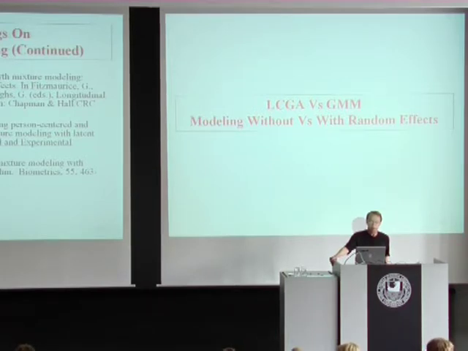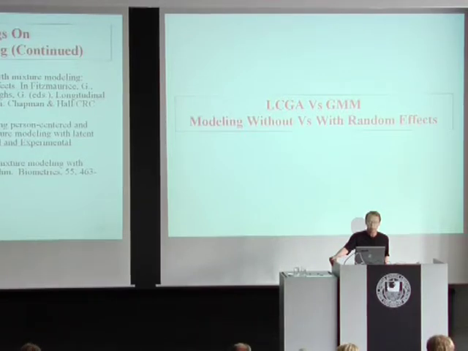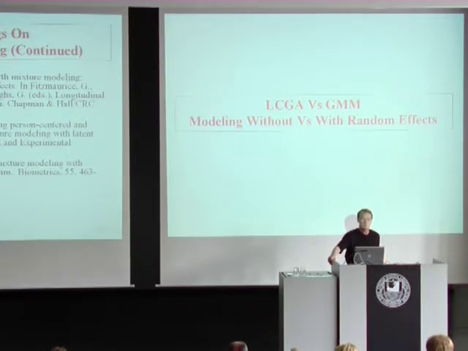Now, it does make a difference in terms of classifying individuals, first of all, whether or not you allow growth factor variances or covariances, which the LCGA model does not and the GMM model does. It also makes a difference in the classification if you let the growth factor variance-covariances be equal or different across classes.